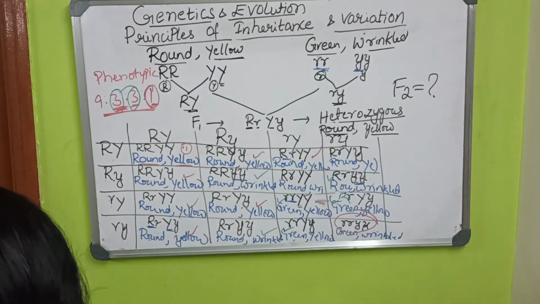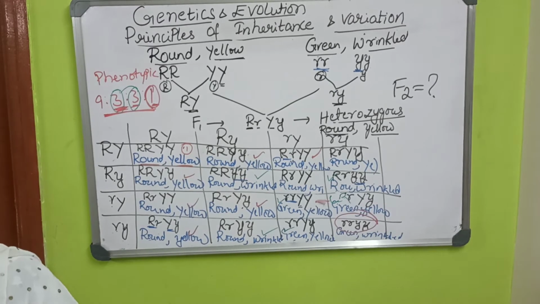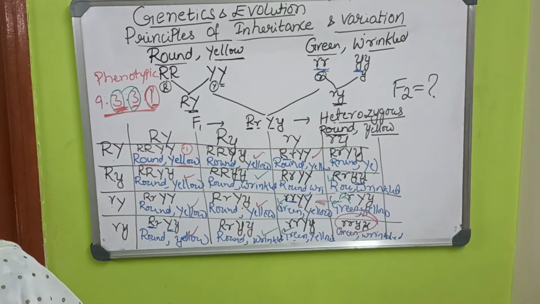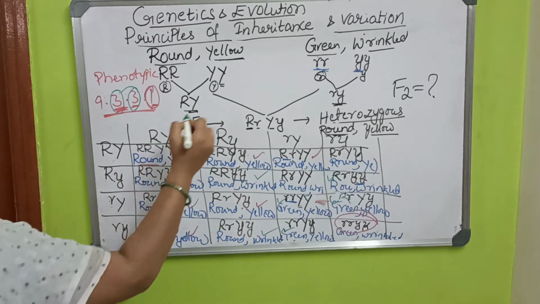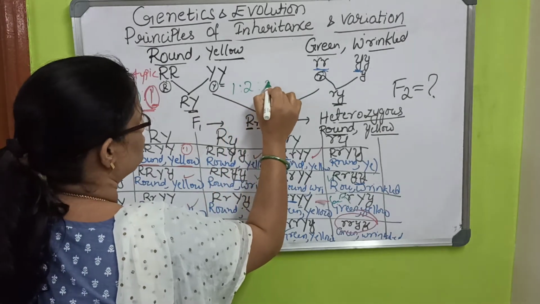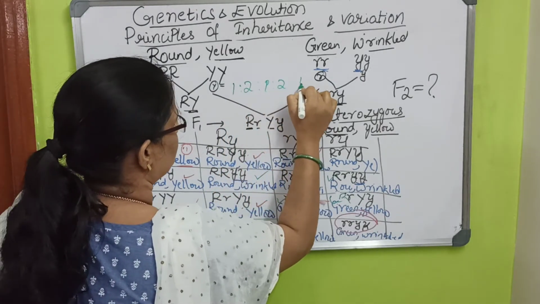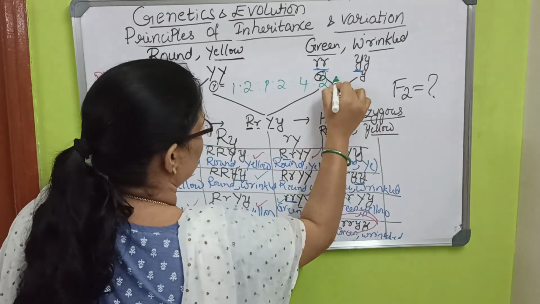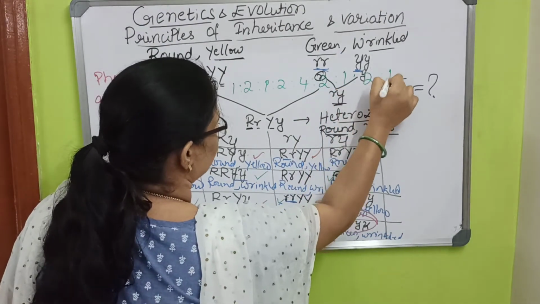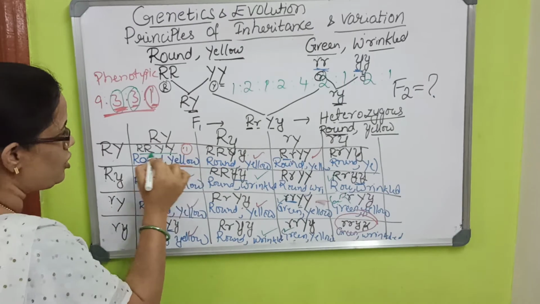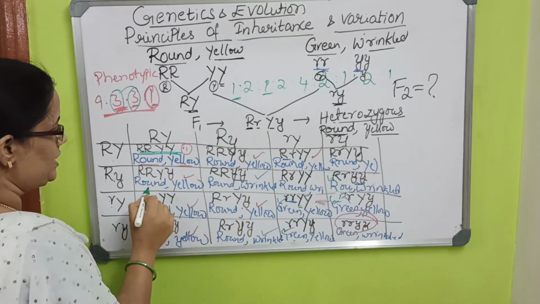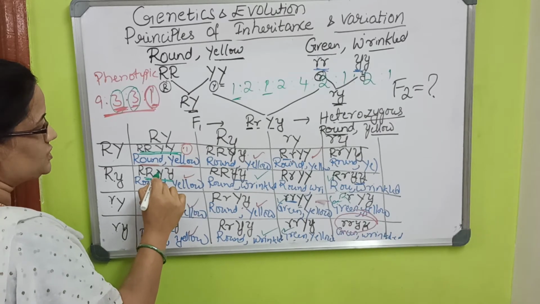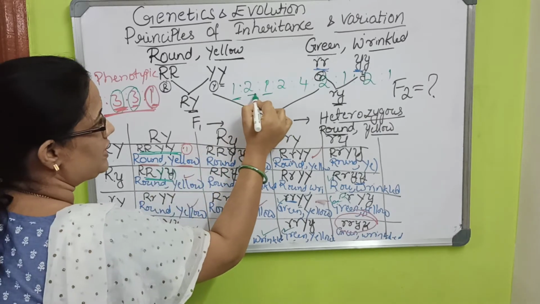And another ratio, the genotypic ratio, is 1:2:2. The genotypic ratio which is showing here is 1:2:2:1:4:2:1:2:1. These are all complete R's, and here complete R and Y, and this mixed one is showing heterozygous condition, again 2.